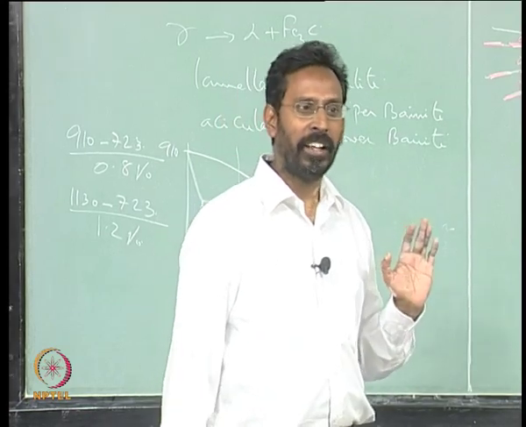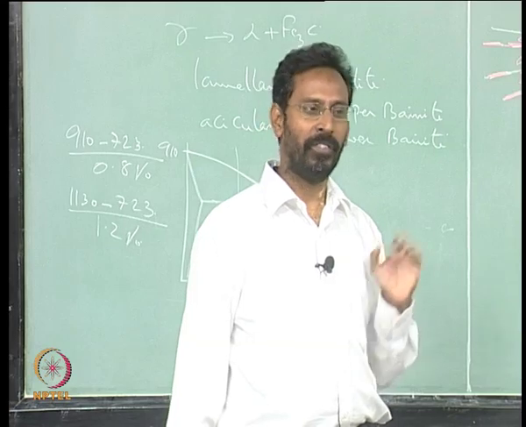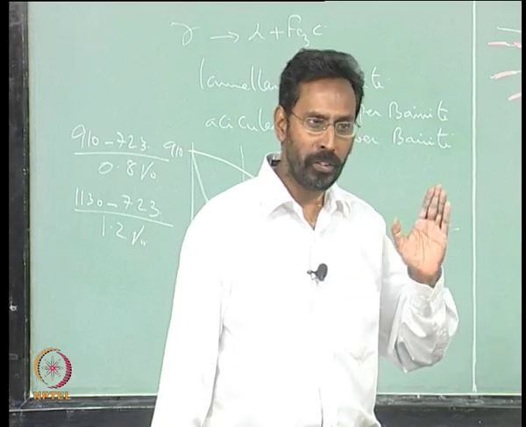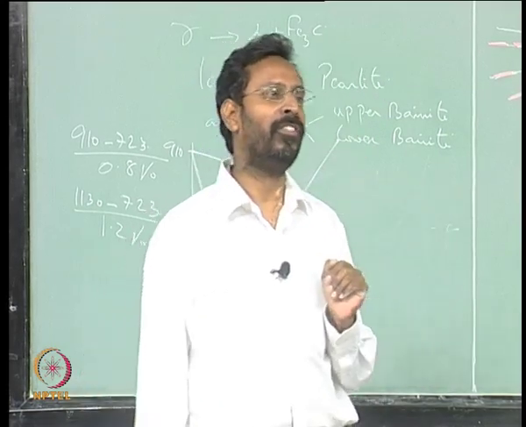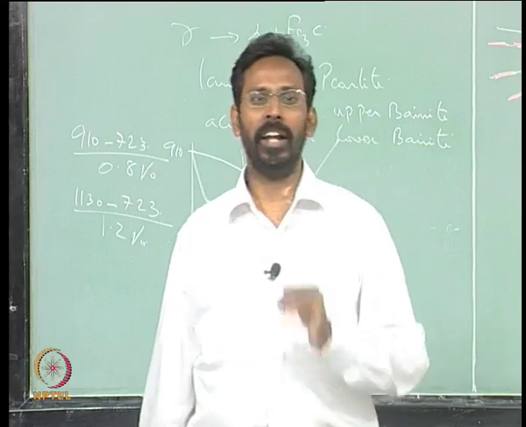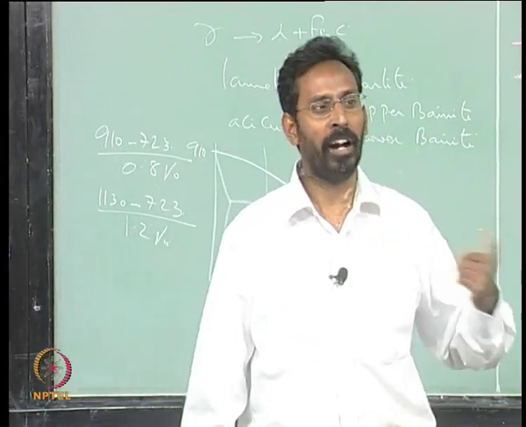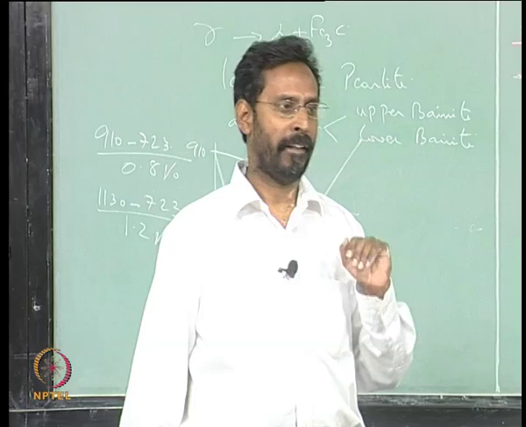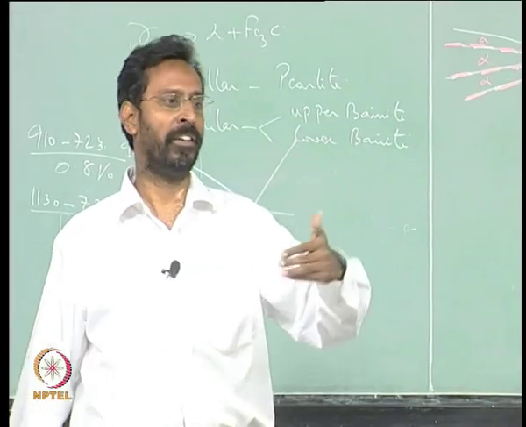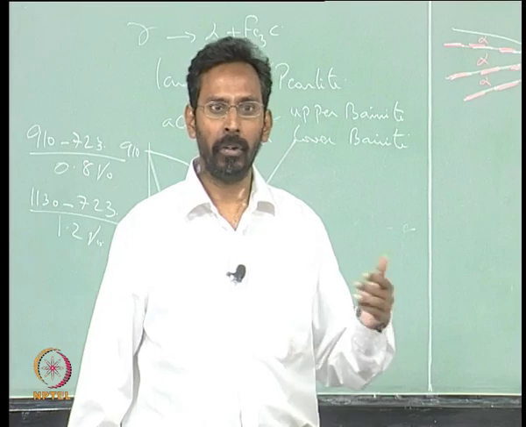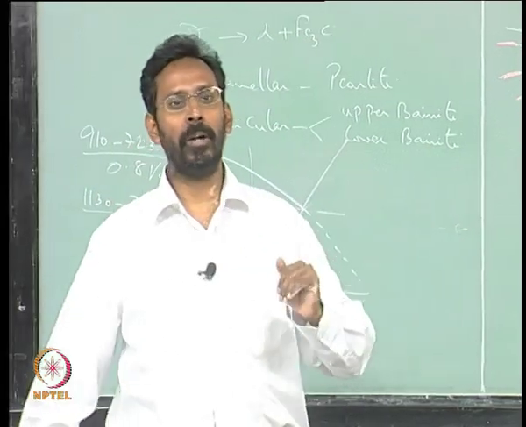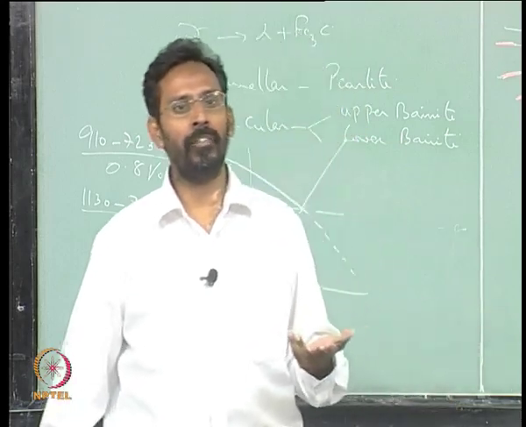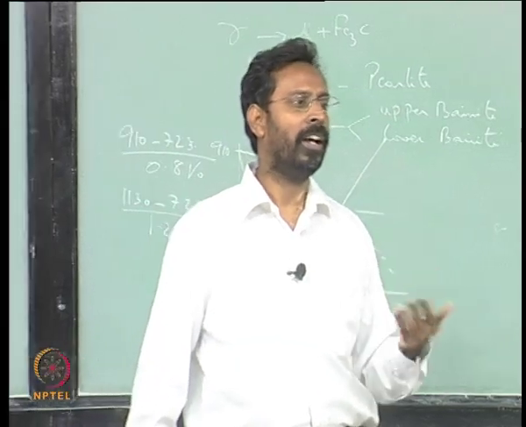Let us say 0.1% carbon or something like that, you would see the TTT curve slowly shift to the right until 0.8, because you are increasing the carbon content, hardenability is increasing, and also the amount of pro-eutectoid ferrite is decreasing. Once the pro-eutectoid ferrite decreases, the number of nucleating sites for the pearlite also decreases.